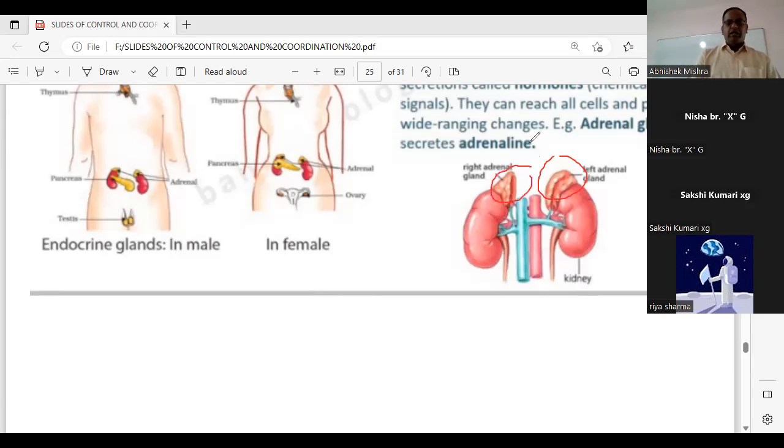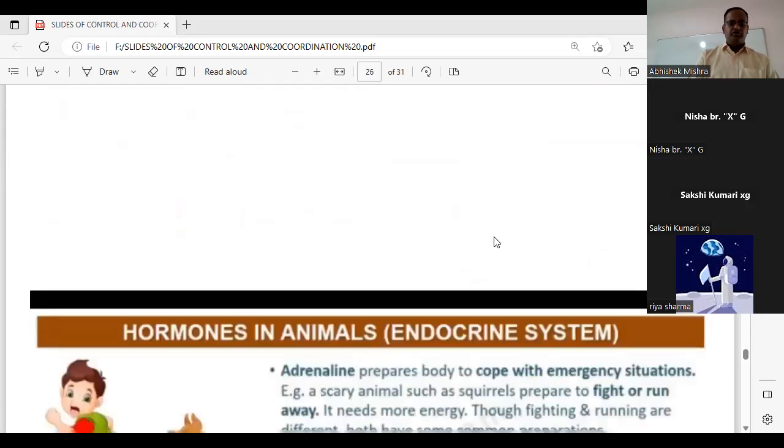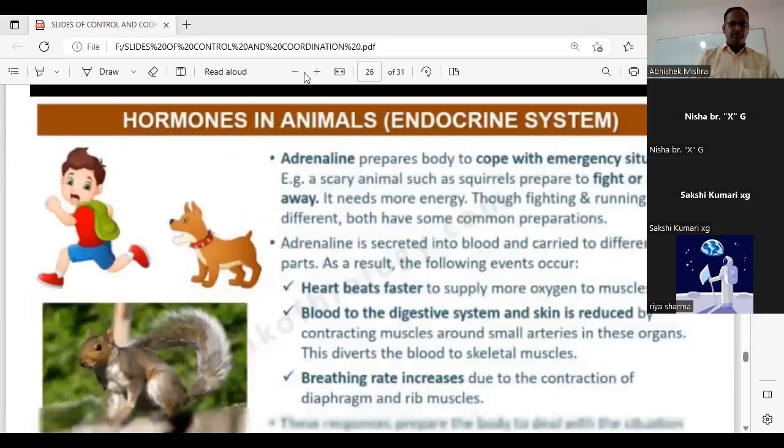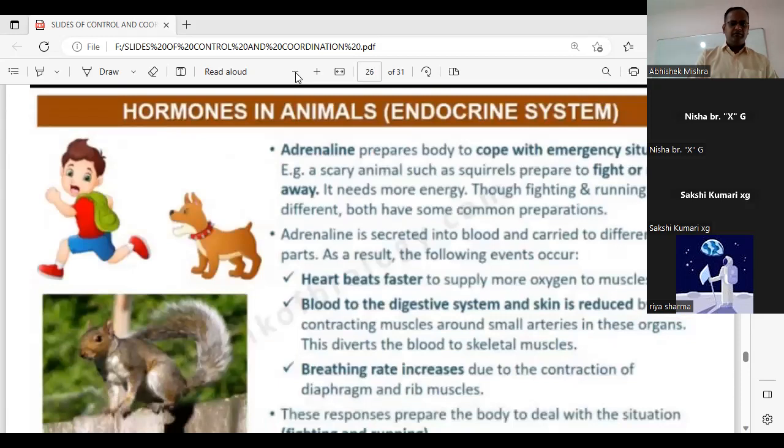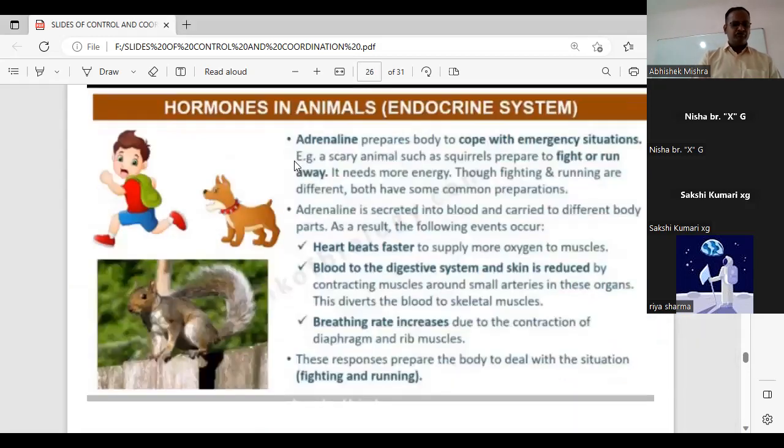Now, I'm asking one question to you all: what will you do? Here a situation is given to you. Suppose all of a sudden, see in this cartoon, a dog is barking at the boy.